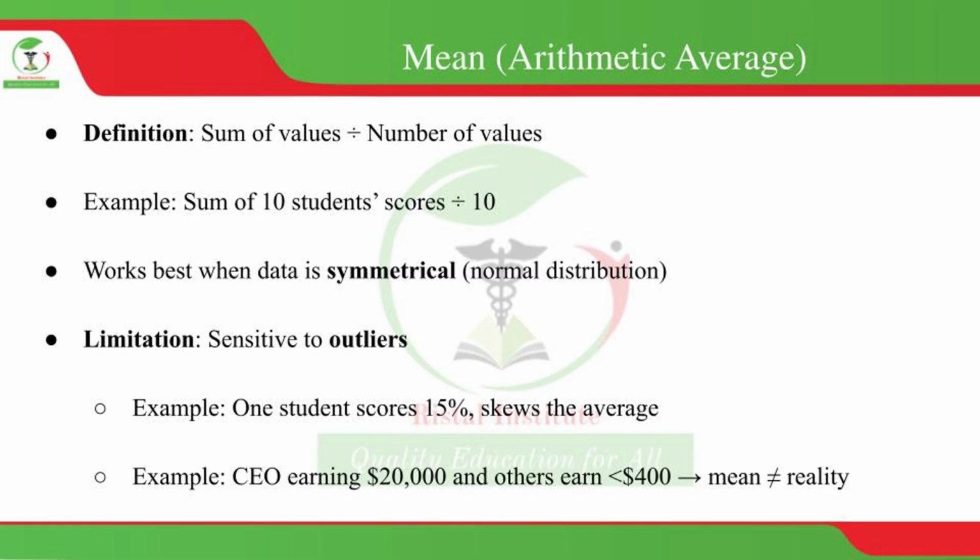When you add the marks and divide by the number of students, the mean is going to be low because of this student who got 15. It lowers the average, and that 15% is what we call the outlier.